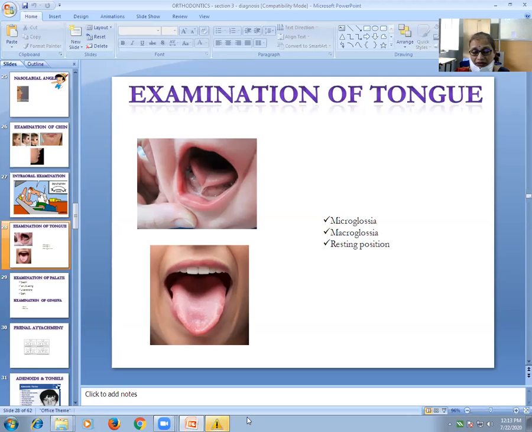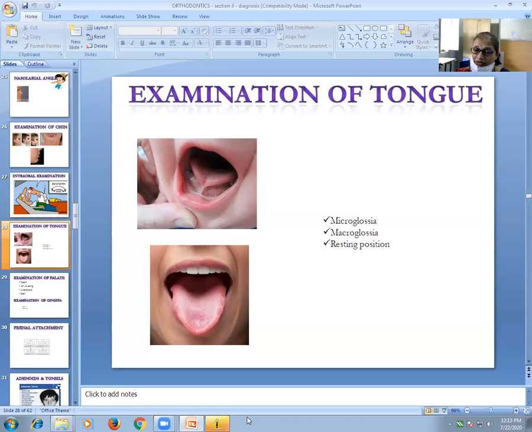Here again a question forms: why does this happen, why is the tongue important for the maintenance or appearance of the arch form? Note it down. These are all questions I'm going to ask you when you join the college, and most probably within 2 months you will be here in the college.